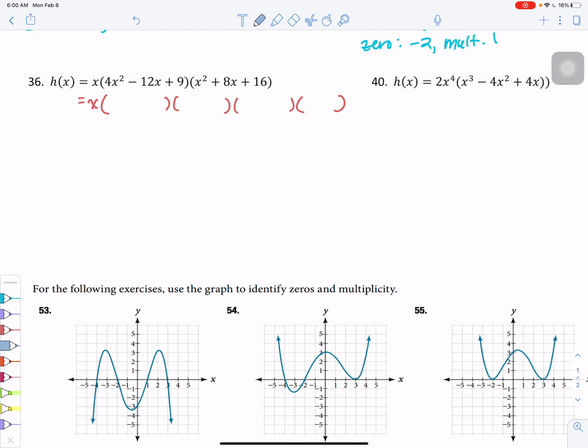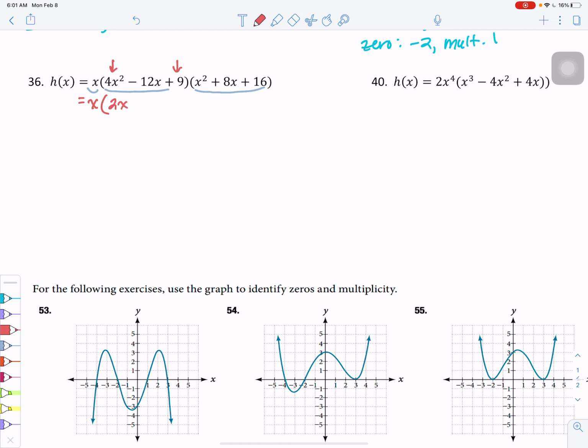So we will have the x is there, and then we will have this trinomial and this trinomial. Now, if you can see here, these are actually perfect square trinomials. So actually setting this up like this probably wasn't a good idea. Usually isn't a good idea. But you can see that that 4x squared is a perfect square and 9 is a perfect square.